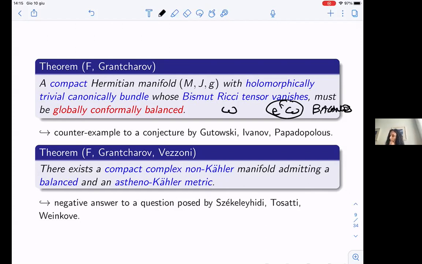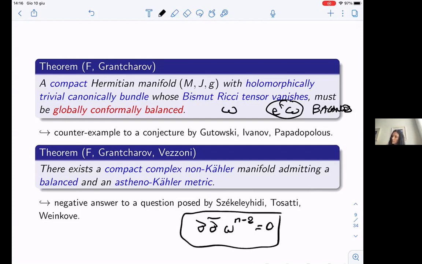Also, one can ask the same question, as I saw before in the conjecture, combining the condition for the existence of a balanced metric with another type of metric that I didn't talk about in this lecture, but is also important in non-Kähler geometry, and is the notion of a Astheno-Kähler metric. That means that ∂∂̄ of ω^(n-2) is 0. For n equal to 3, it means that it's just the pluriclosed condition.